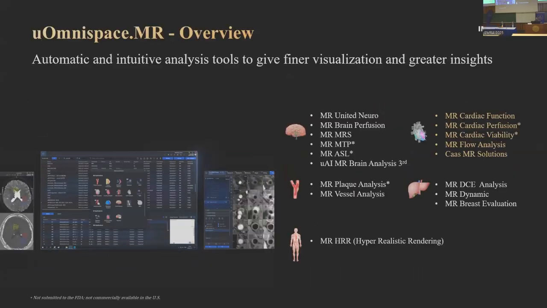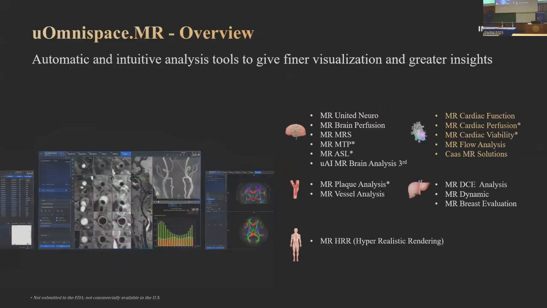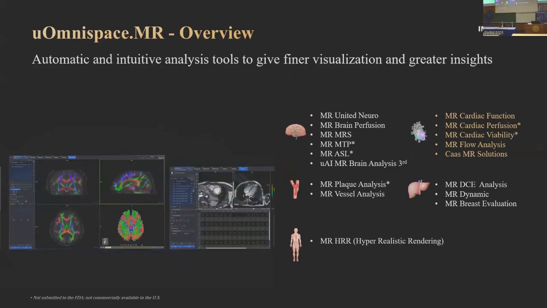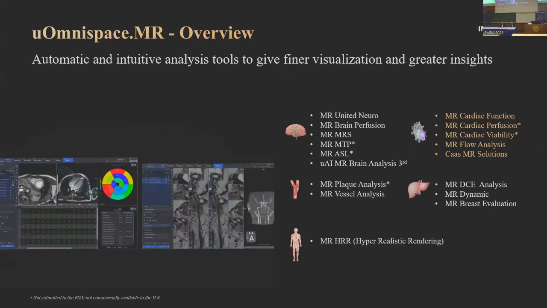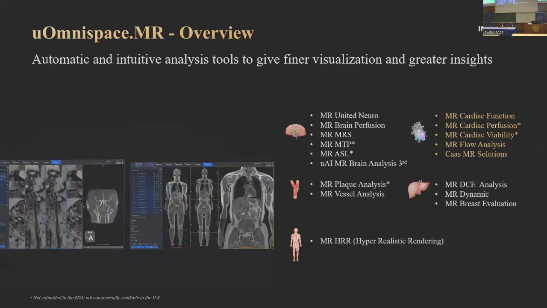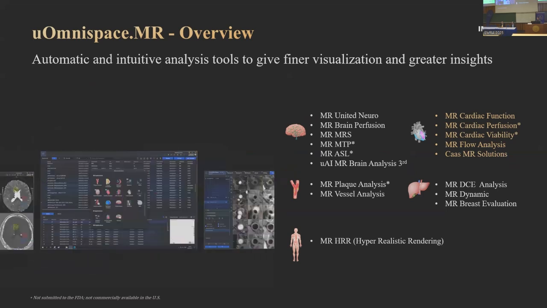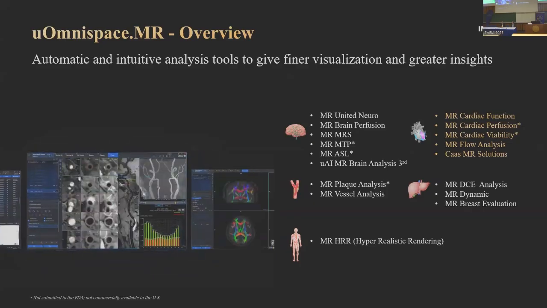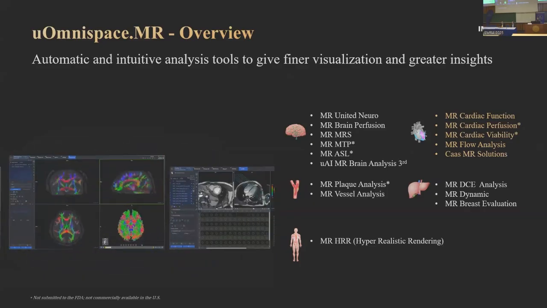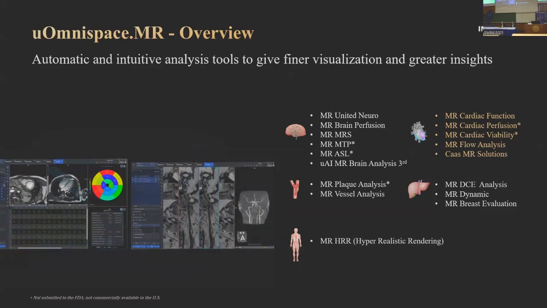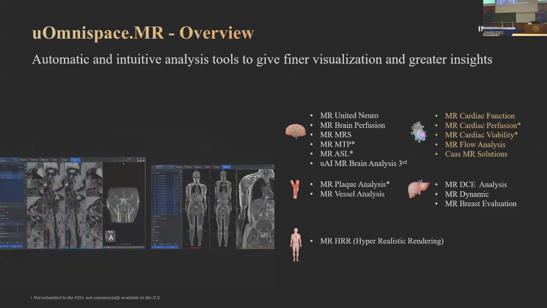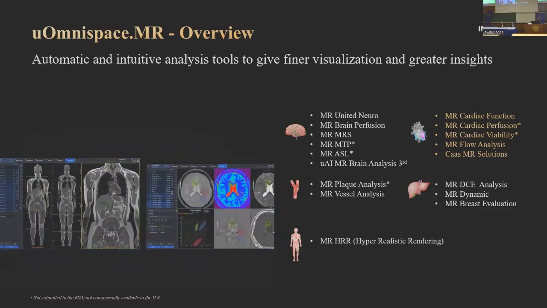So on UMR systems, we offer a one-stop cardiac imaging post-processing and analysis solution based on the U-Omnispace platform. The U-Omnispace platform is a full-scale platform that integrates all the post-processing and analysis tools for all imaging modalities, including MR, CT, and PET, and so on.